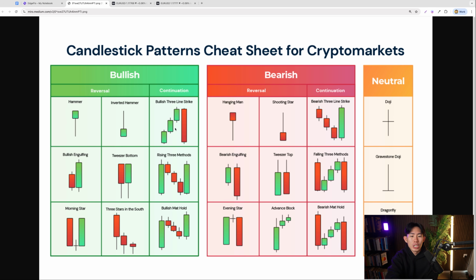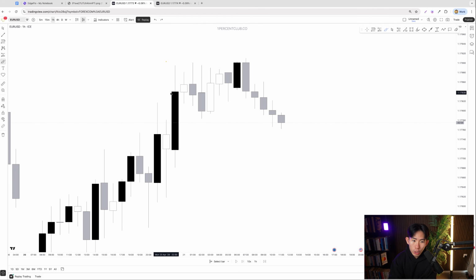So I don't want you guys to just blindly memorize candlestick patterns. Instead, I want you to understand the relationship between the buyers and the sellers by analyzing the candlesticks, by really understanding who is in control of price, whether the buyers or the sellers, whether demand or supply. And you do that by looking at the candlestick body and the candlestick wick.